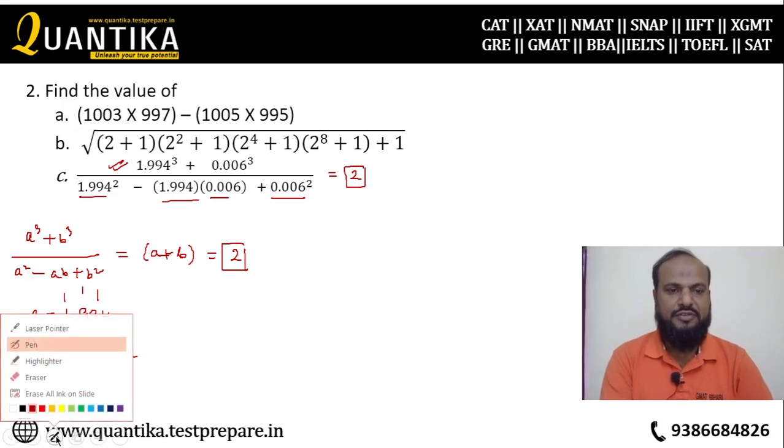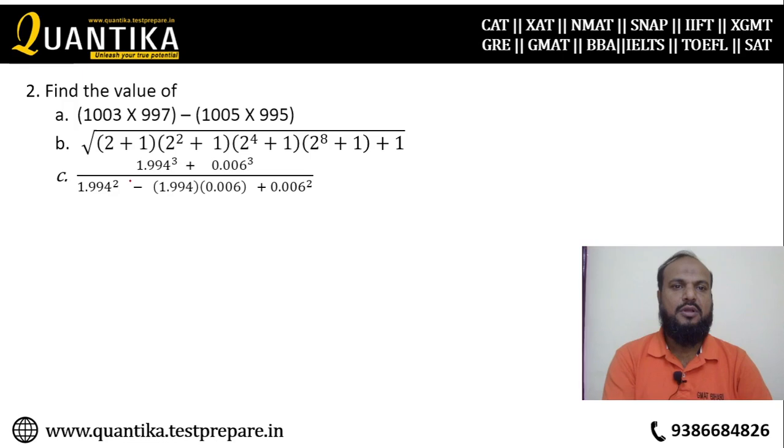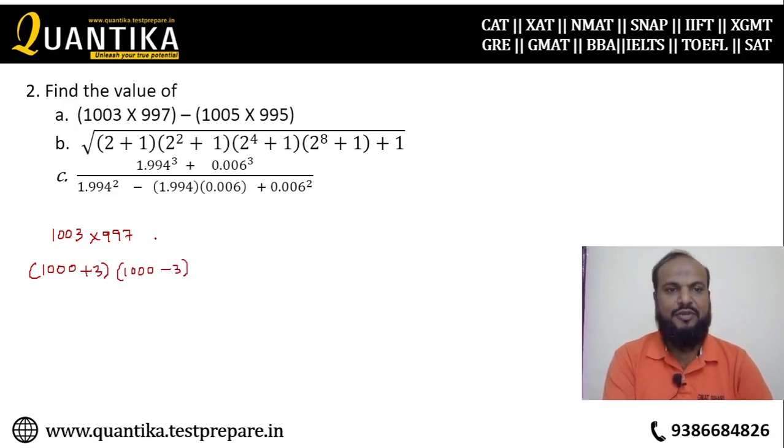Okay, so this was a very important question. Now, look at the first question, 1003 into 997. Deal with this like 1000 plus 3 into 1000 minus 3. There is another part of the question, 1005 into 995.